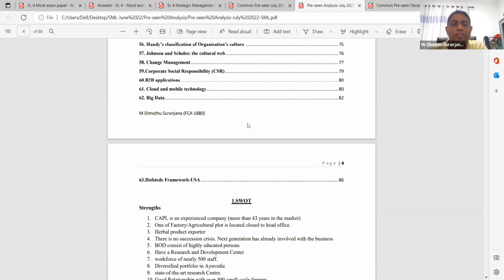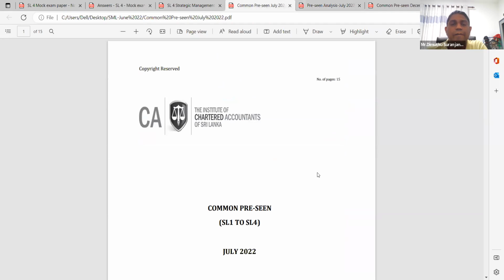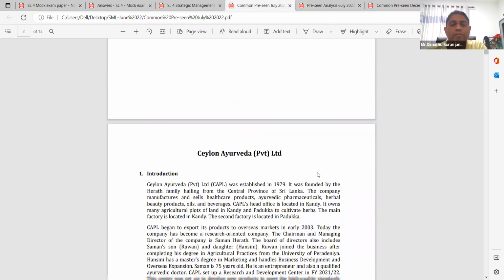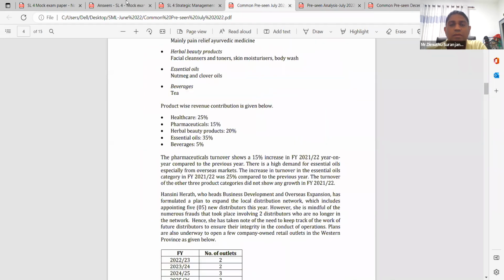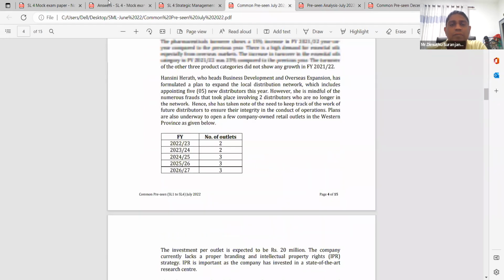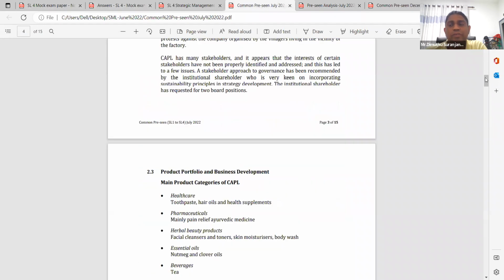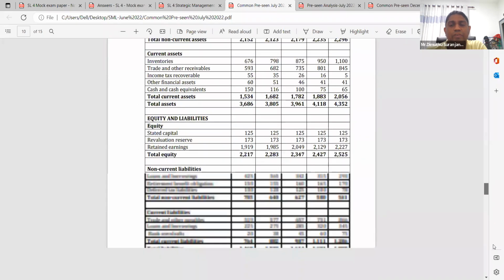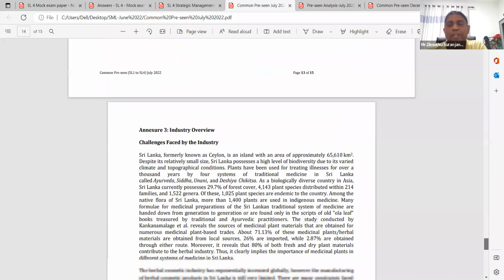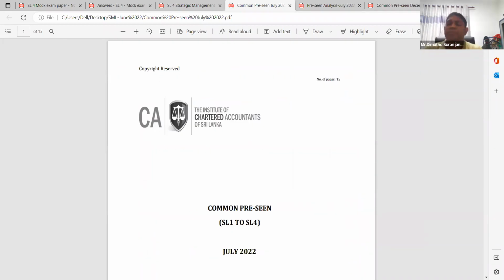Tomorrow we can discuss this pre-seen, this time's pre-seen. Right. Now you should have gone through this one. Otherwise, the unseen part can't be addressed without having the pre-seen knowledge. So you should have a good idea about this pre-seen information. How many times do you have to read the pre-seen at least? At least 5 times, guys.